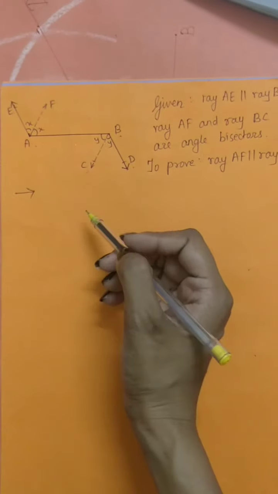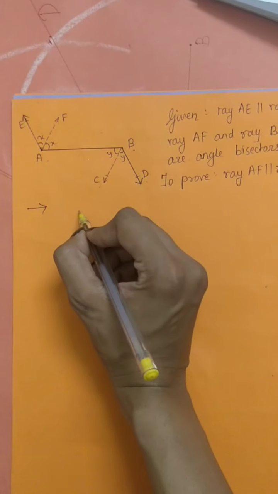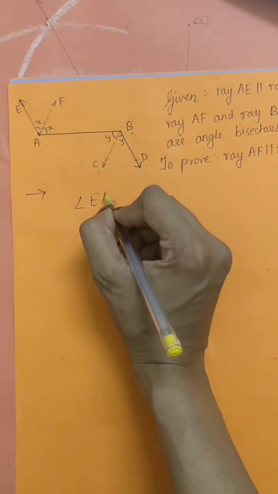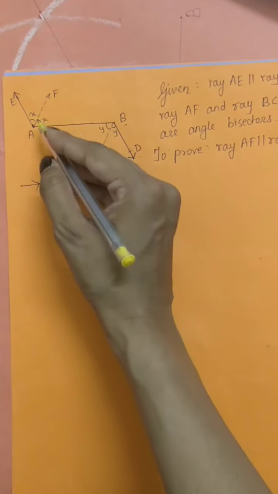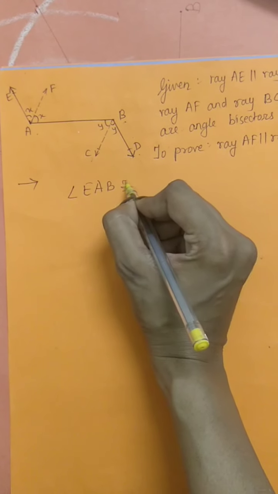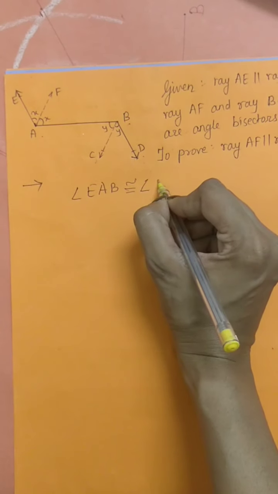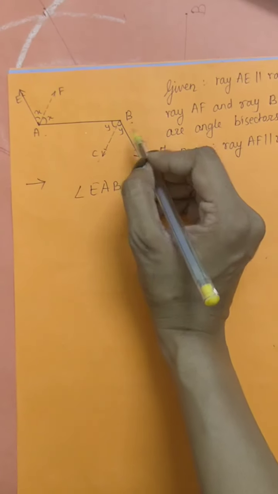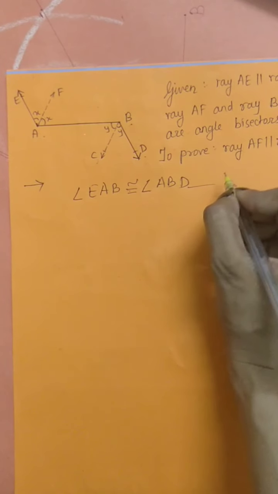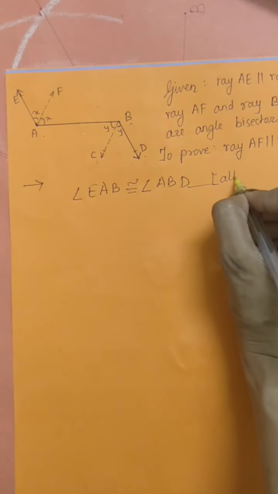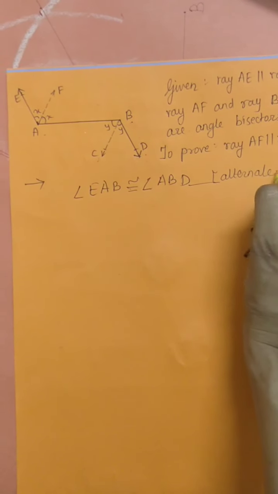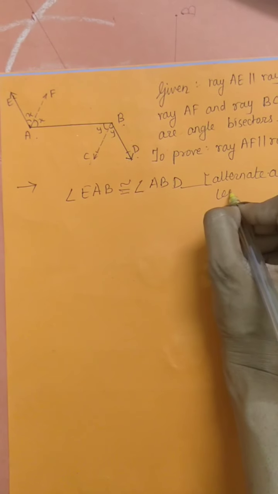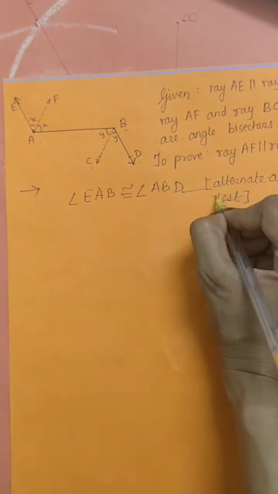But here given is these lines are parallel, that's why we can write that this angle EAB, yes, this angle is congruent with angle ABD, this whole angle. Okay, why? Reason you will write: alternate angle test, right? This is we have learned till now.